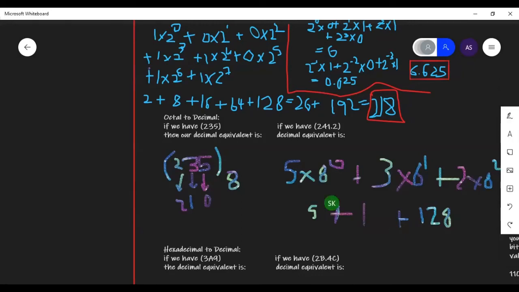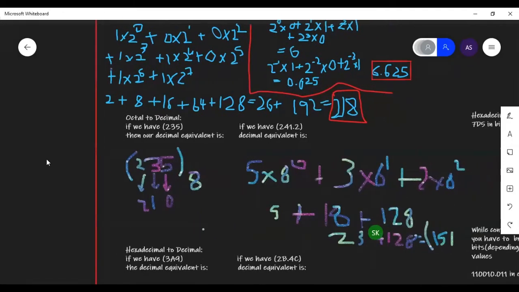When we add all these, we get 29 plus 128, which is equal to 151. So that's the equivalent in decimal.